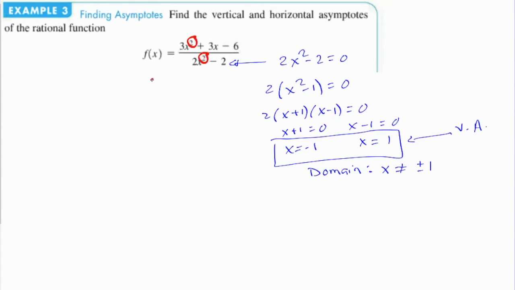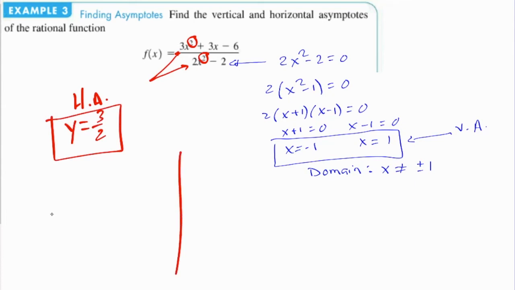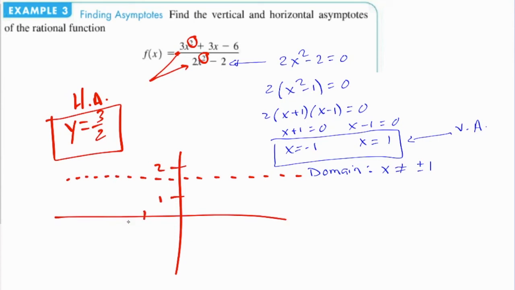Since they match, take the coefficients and say that the horizontal asymptote is y equals 3 over 2. So 3 over 2 is 1.5. So the horizontal asymptote would run through about 1.5, and the vertical asymptotes would run through -1 and 1.